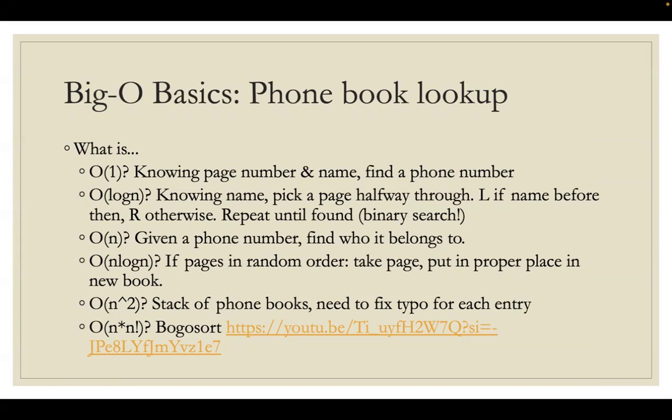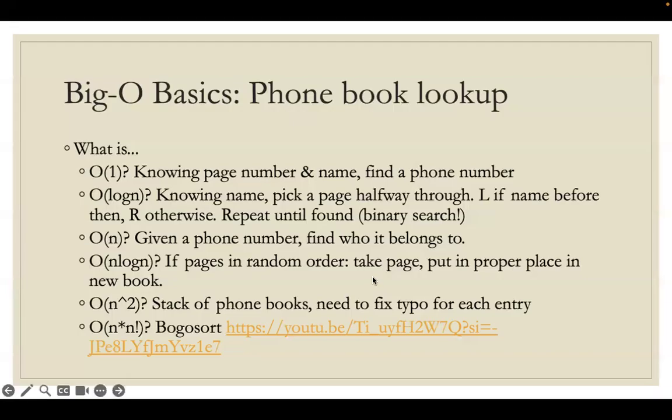So we'll go to the left and pick the middle of that, and then ask, is the person's name before or after this? If it's after, we'll throw away everything else and only look at the part where we need to. So binary search, and in general dividing things by a number, gives you logarithmic time.